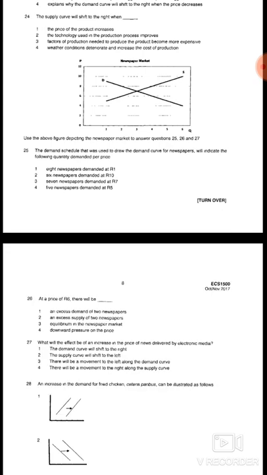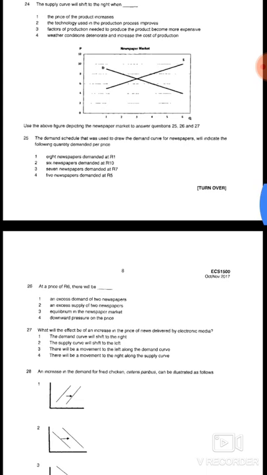So let's move to question number 25. At question number 25, we have demand curve and supply curve. And as we can see, they're saying the demand schedule used to draw the demand curve for the newspapers will indicate the following quantity demanded per price.